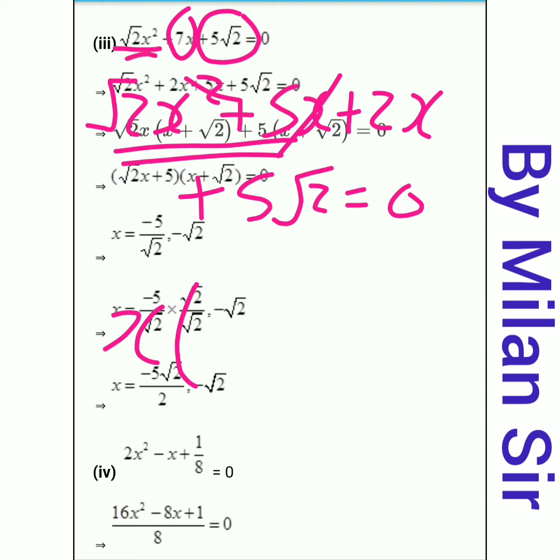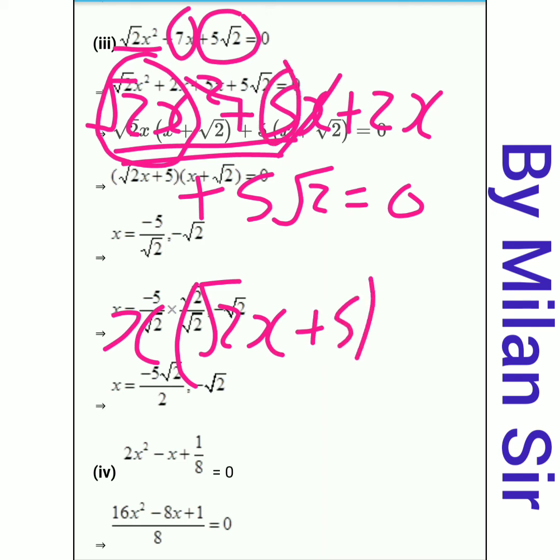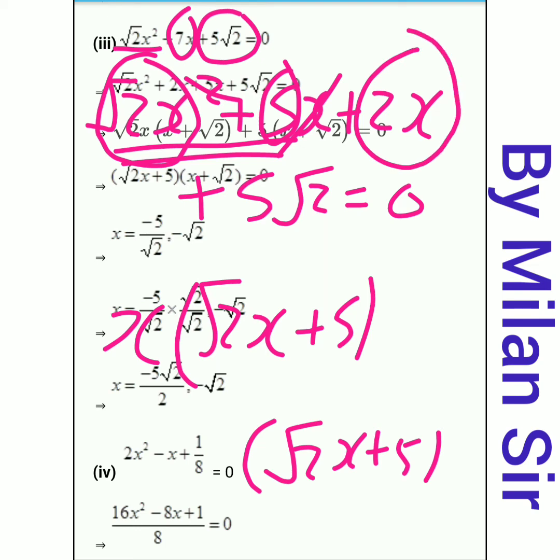Now what is remaining in the first term? So under root 2x, then plus sign is there, and here we have 5. Now the same bracket we need to write again, and look at our third term. Here we have 2x. x is already written here, and here it is written under root 2.